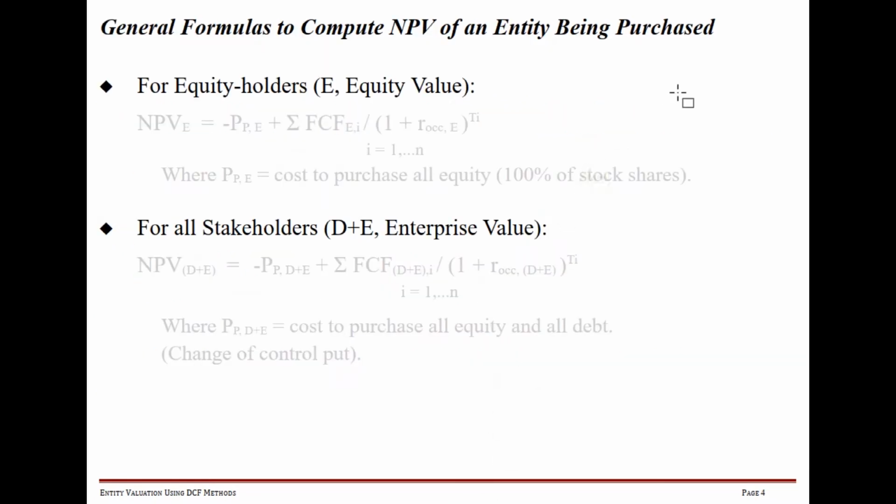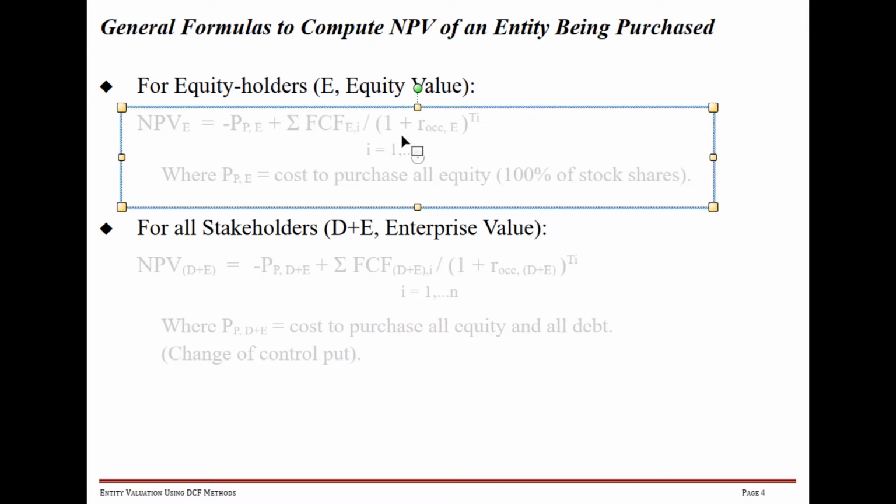And we have general formulas to compute the NPV for the project. Should we buy all the stock of this firm if we're looking at shareholders, or should we take control of the company by buying all the stock and taking control of all the debt if we're looking at all stakeholders?